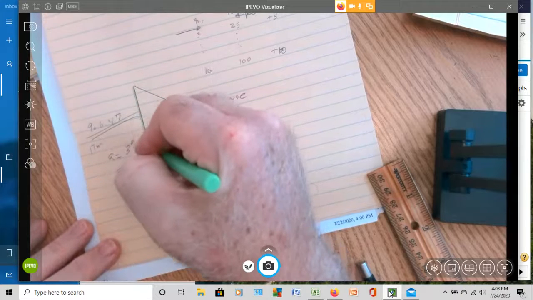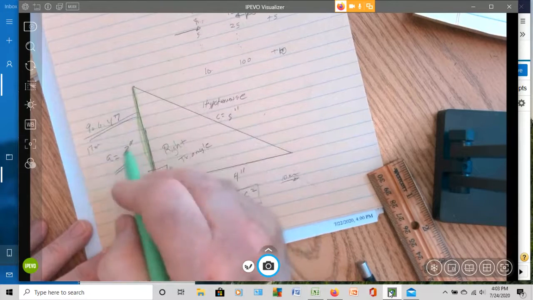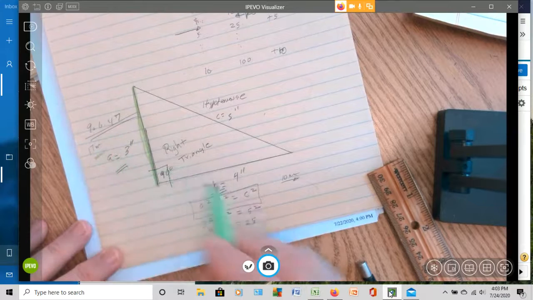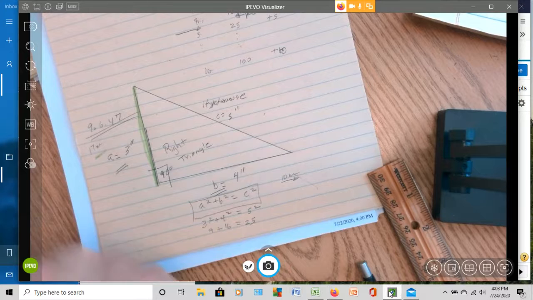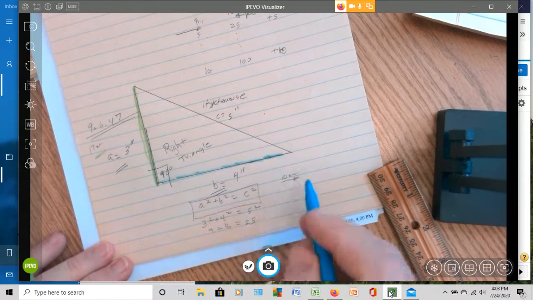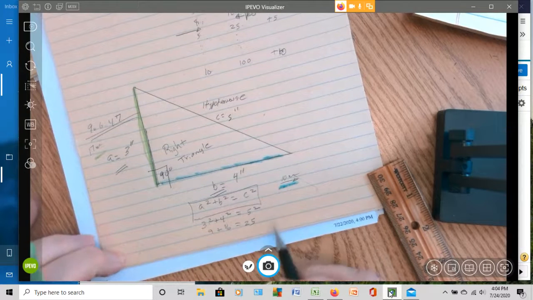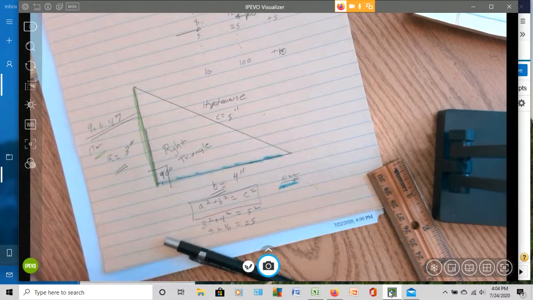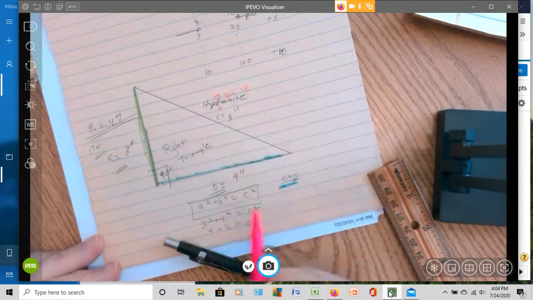Well, they said that this was the pole, and it was 17 meters. And they said that this was the wire running out from the base of the pole, and it was 10 meters. And they wanted to know how long is the wire?